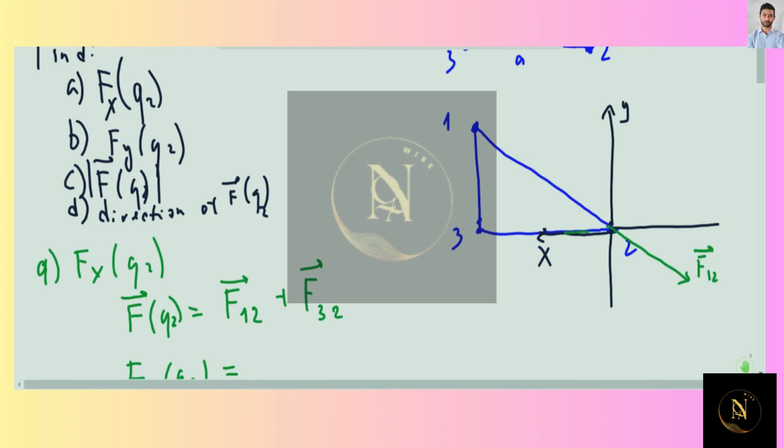So F32 will be directed to the left. So probably let's change the direction of the x-axis again. But again, it doesn't really matter. We can take any direction, to the left or to the right. It will affect only the angle.